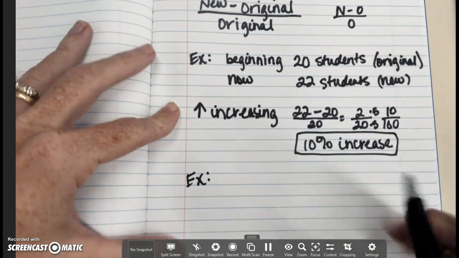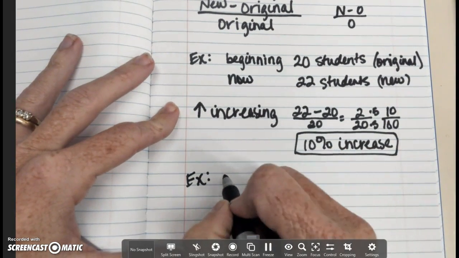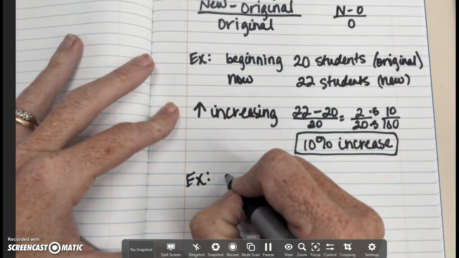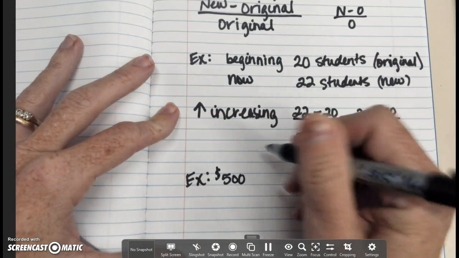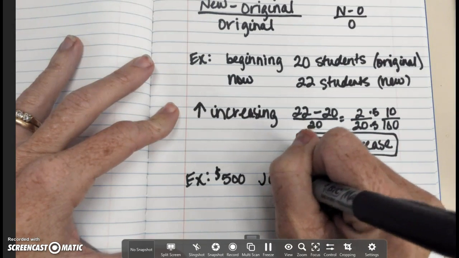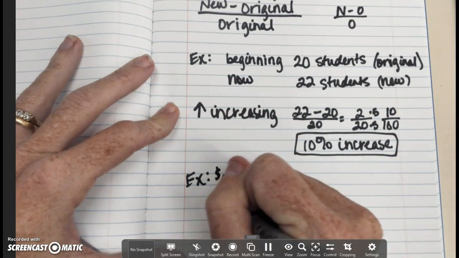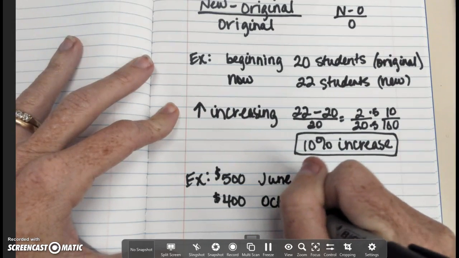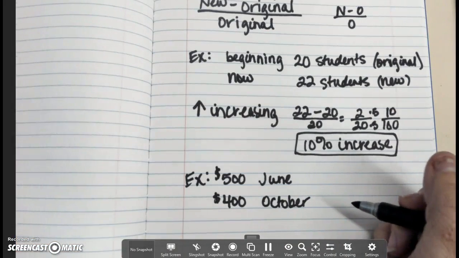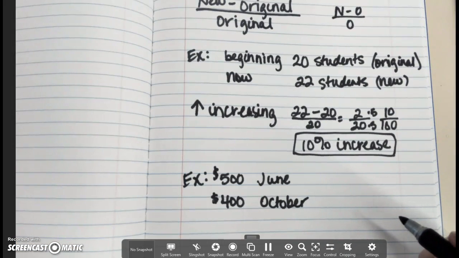So say I had $500 in my bank account in June, and I have $400 in my bank account as of October. Okay? So I want to find the percent increase or decrease.